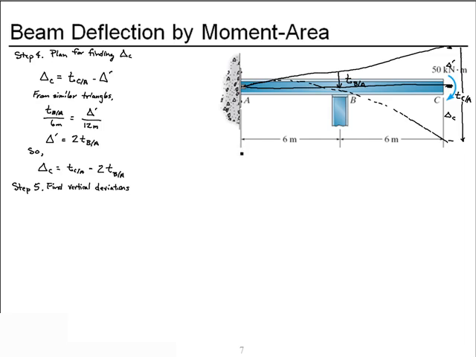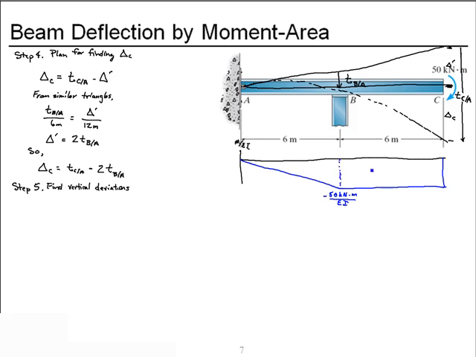And to do that, we need our M over EI diagram, which has this shape, and we said the magnitude here is minus 50 kilonewton meters over EI. And we'll break this into two shapes, the triangular shape and the rectangular shape.